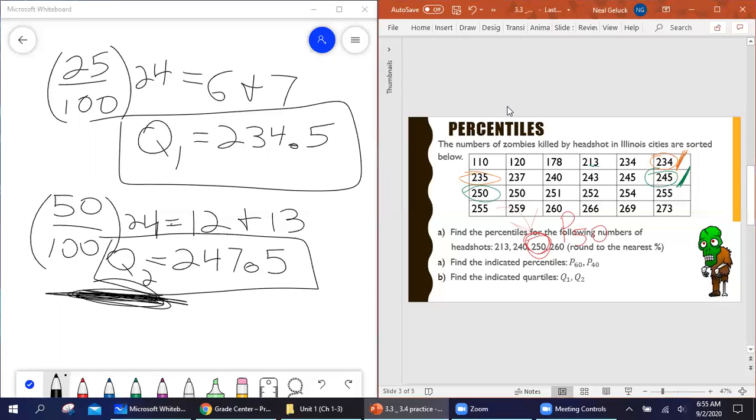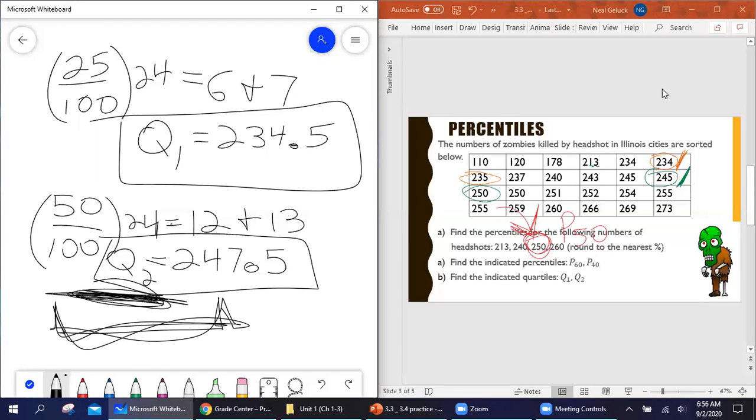Over here on the right side, 250, I'm saying that 50% of the data values lie below 250. Over here, I'm saying 50% of the data values lie below 247.5. Well, looking at the data, that's true either way. So while the value it calculates is slightly different, it represents the same thing.